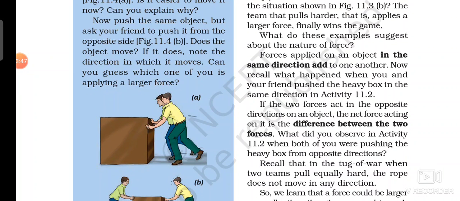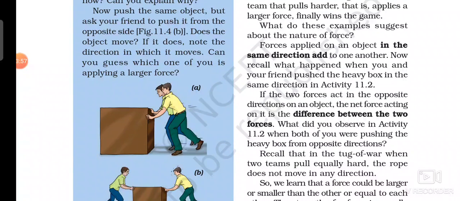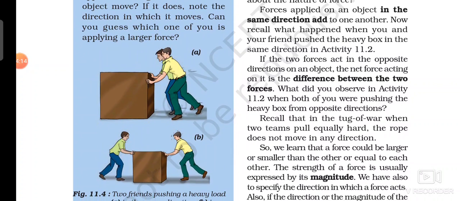The direction of force is also necessary because there are two types of force which we apply on the body. Either we apply the force to move that body or we apply the force to stop the movement of the body. So the direction of force is also necessary to be specified.